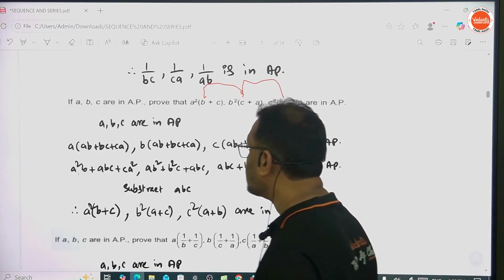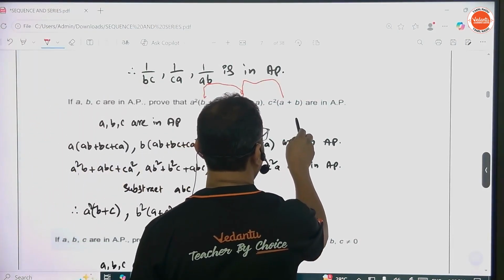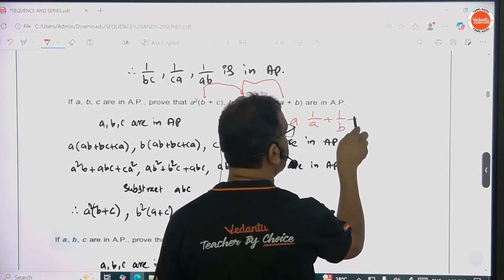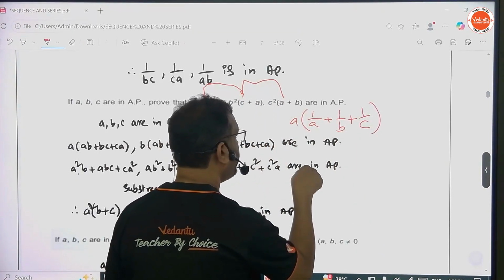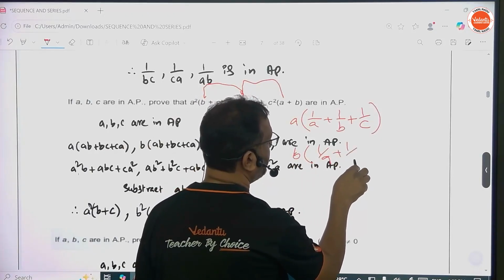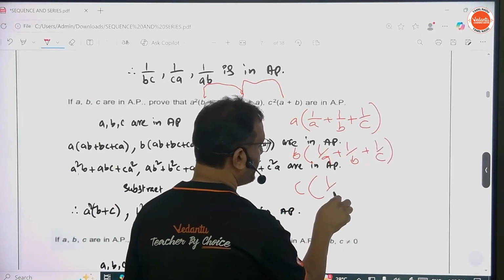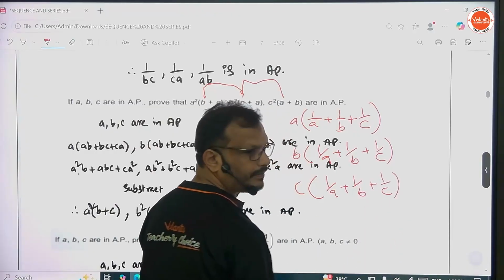Multiplying by 1 by A plus 1 by B plus 1 by C. If I multiply A, B, C values with 1 by A plus 1 by B plus 1 by C, here B with the 1 by A plus 1 by B plus 1 by C, and C with the same, that will be in AP.